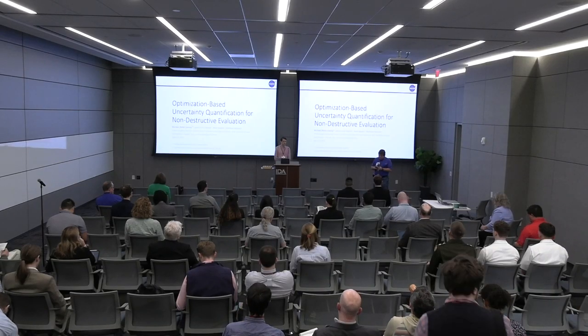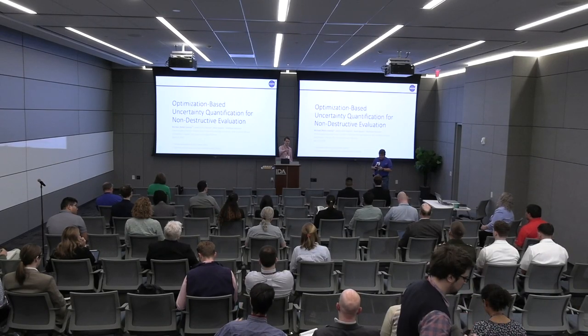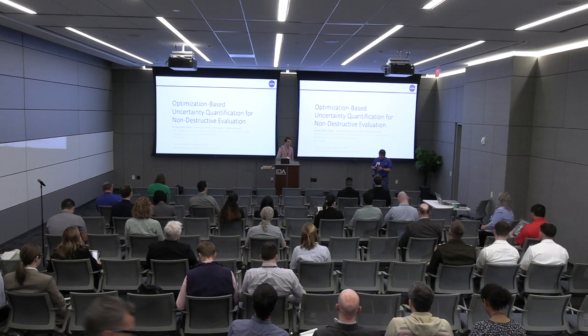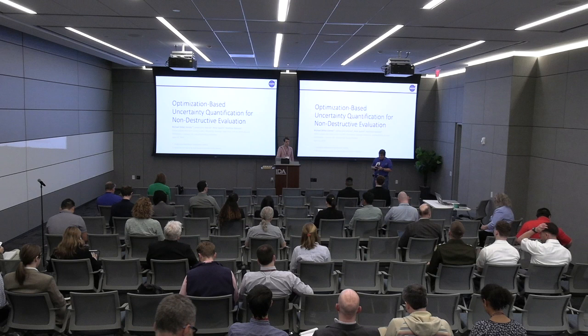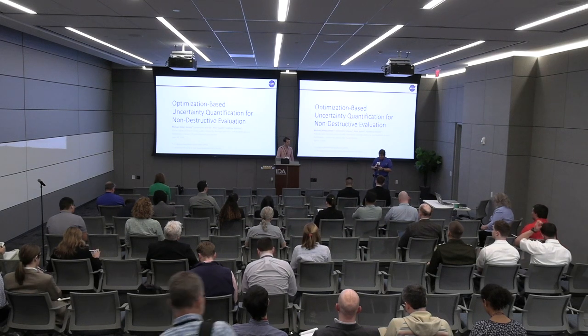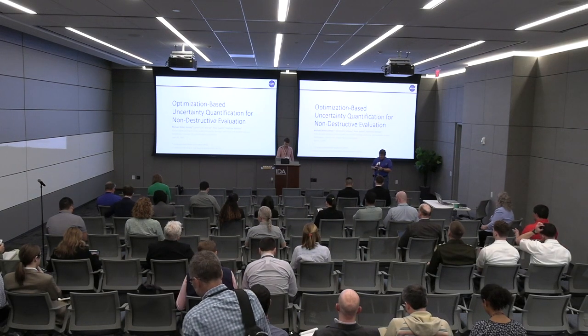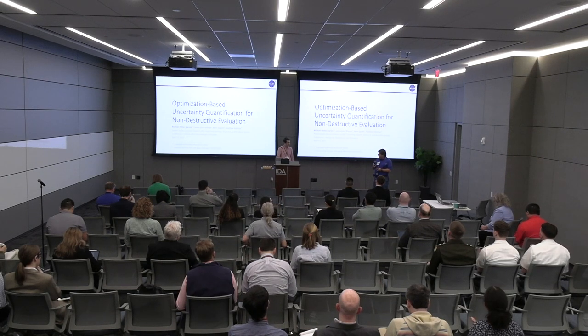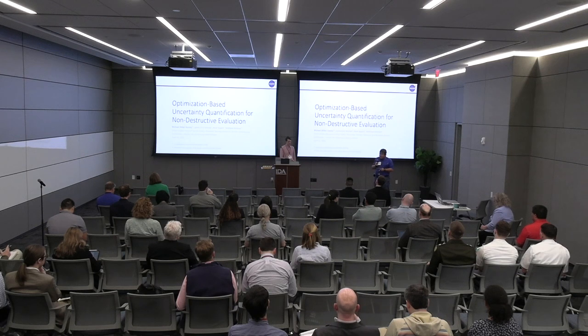This work centered around the strategic desire to provide prior free uncertainty quantification alternatives to NASA and remains a key focus of his research. More broadly, he is interested in the intersection of statistics, probability, optimization, and computation. And this morning, he'll be presenting a talk entitled Optimization-Based Uncertainty Quantification for Non-Destructive Evaluation.